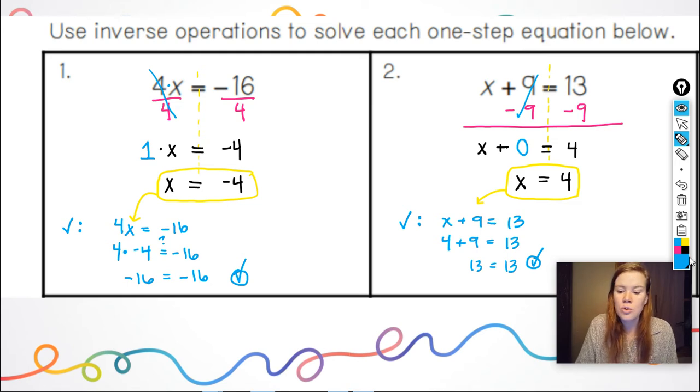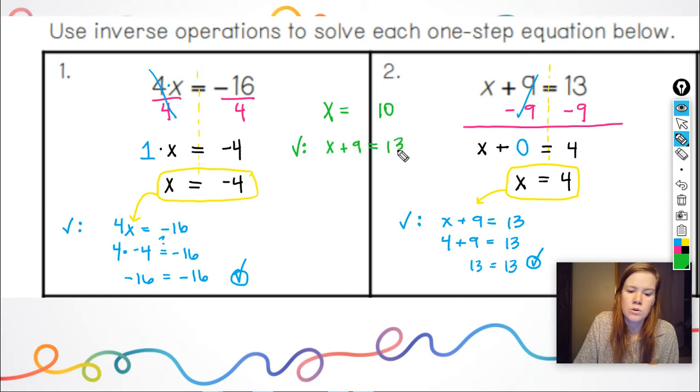All right? Don't write down what I'm about to write down in green, but I want to show you something. Let's say we solved this equation and we got x equals 10. You made a mistake, but you don't know it's a mistake. When you go to check your work, here's what would happen. X plus 9 equals 13.